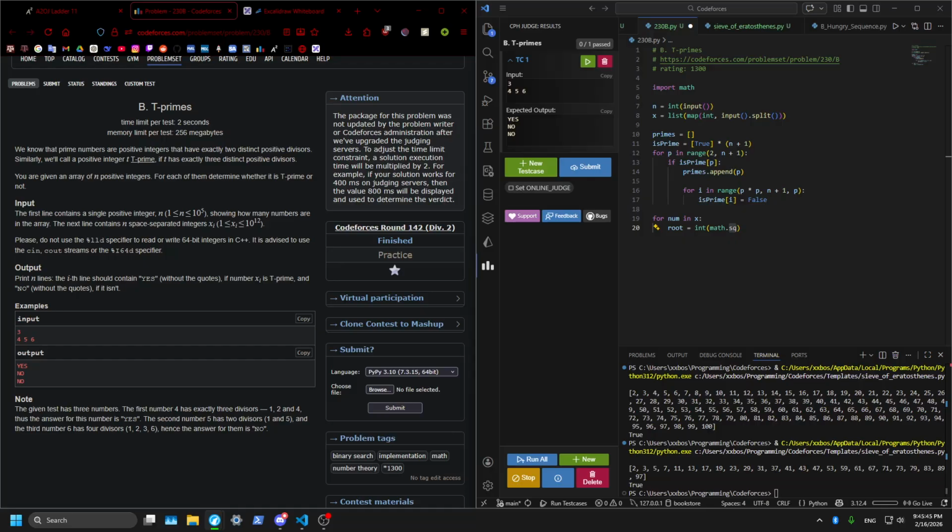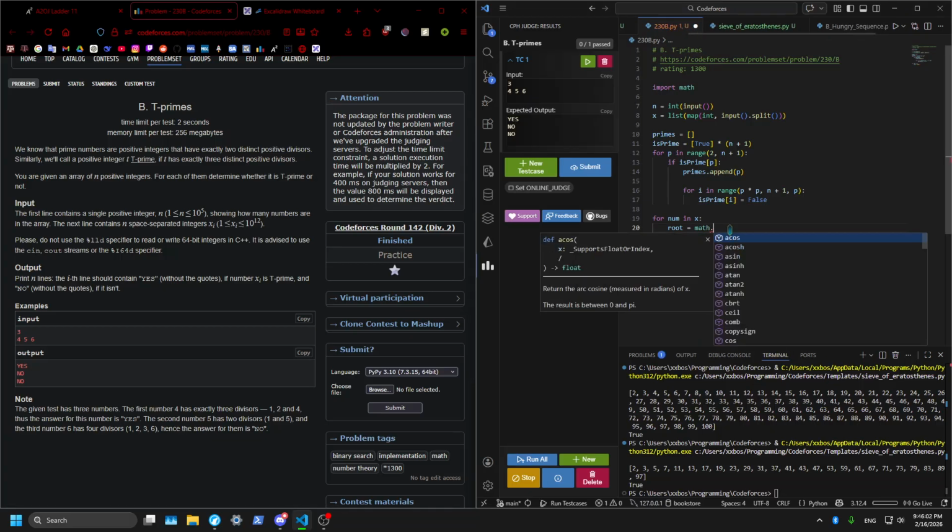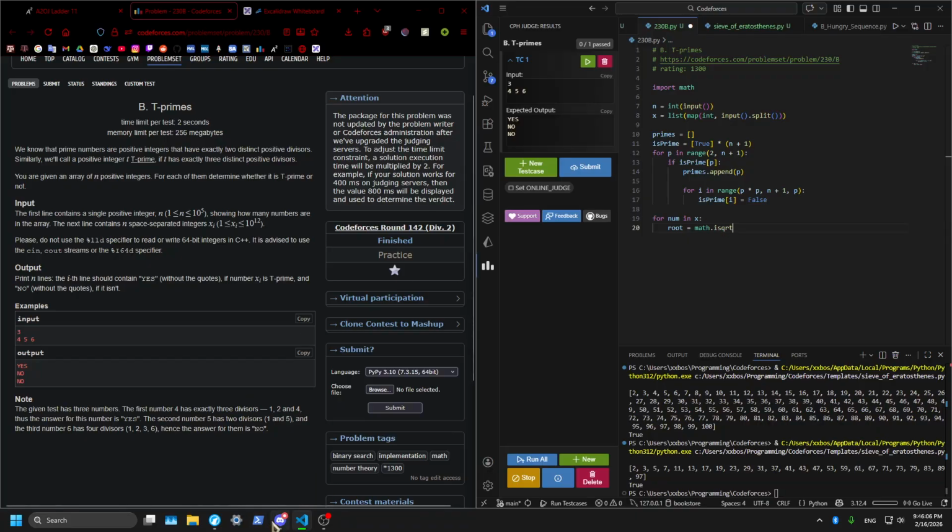For 10 to the 12, isqrt is still the safer and more specialized choice. Okay, you convinced me, and it should output int, right? So I don't need a typecast. Math.isqrt. Although I can just ask my Python guy. I don't know why I'm Googling.